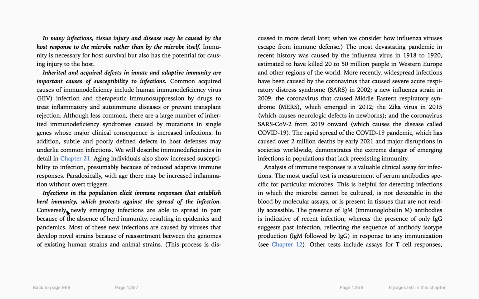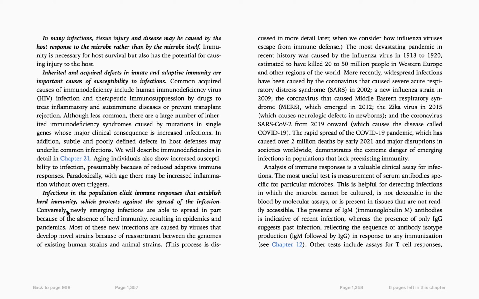The presence of IgM, immunoglobulin M, antibodies indicates recent infection, whereas the presence of only IgG suggests past infection, reflecting the consequence of antibody isotype production: IgM followed by IgG in response to immunization, chapter 12.